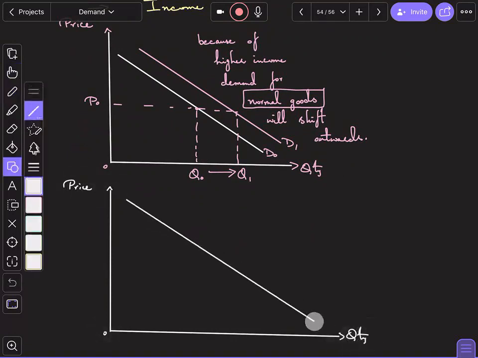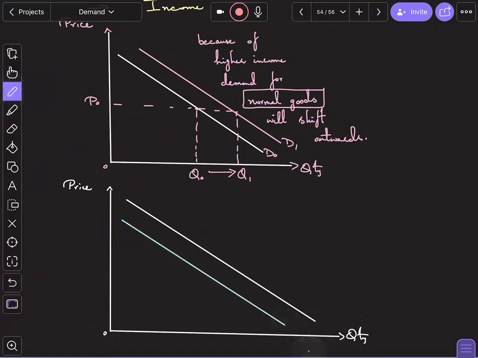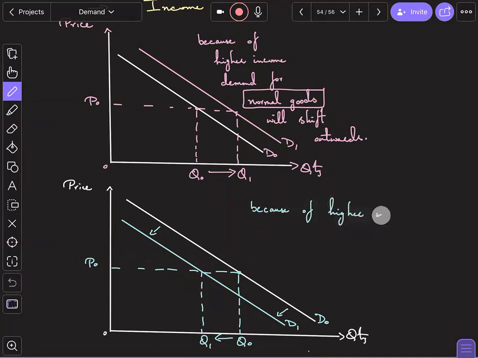If there is an increase in average incomes, let's say this was your initial demand for public commute, it will shift inwards from D0 to D1. Initially people were demanding more of the inferior good. Now they will demand less of the inferior good because they will switch towards normal goods because of higher income.